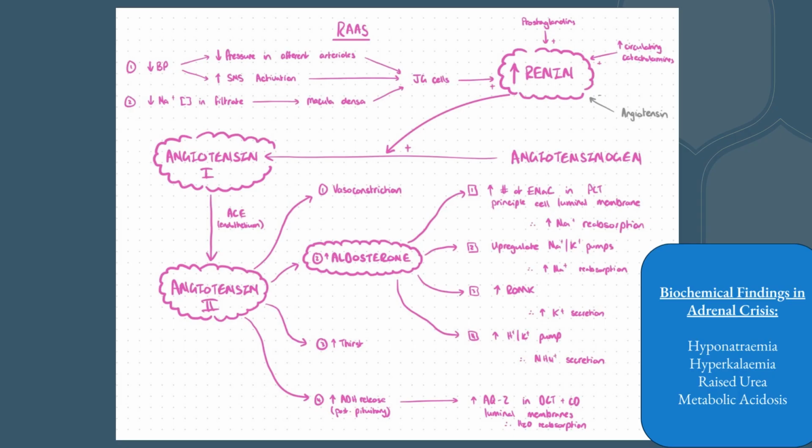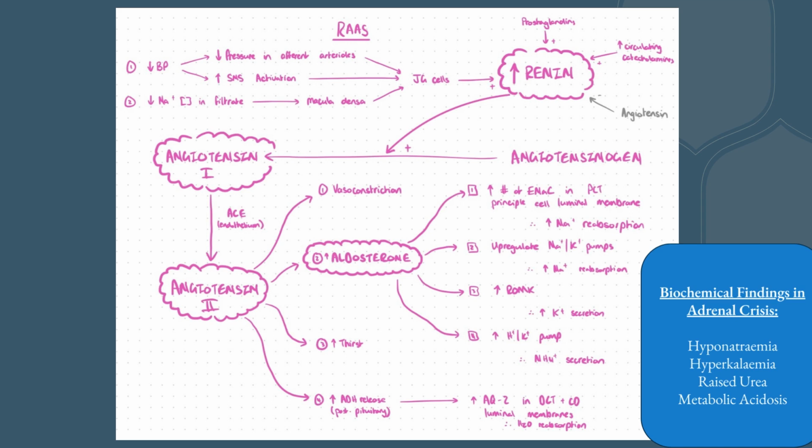Just to go through some physiology that's important to understand the effects of this: the renin-angiotensin-aldosterone system, aldosterone being the end hormone that's important in understanding this. Effectively, you've got stimulation of the system through low blood pressure or low sodium, which causes an increase in renin, which takes angiotensinogen and converts it to angiotensin 1 in the liver.